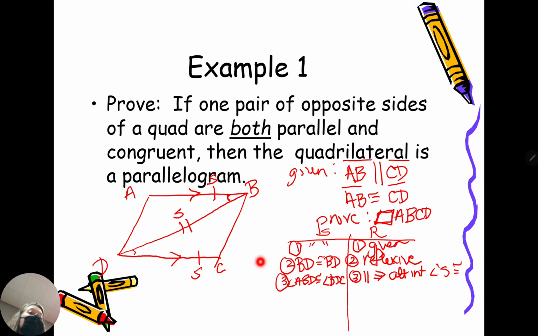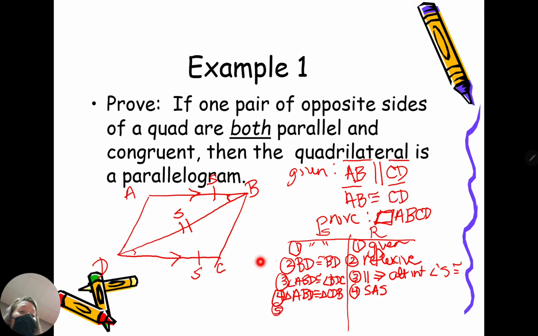All right, so now I have two congruent triangles by side angle side: triangle ABD is congruent to triangle CDB by side angle side. And if the triangles are congruent, then everything is congruent by CPCTC.